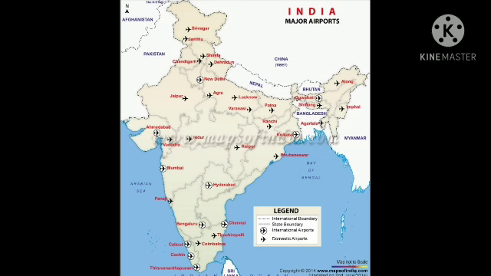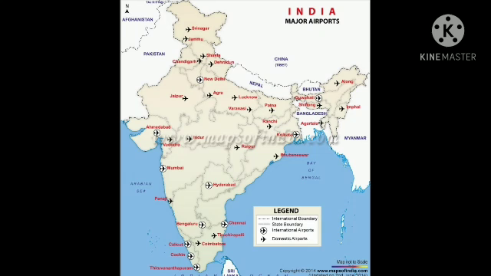There also we are providing the air travel system, and we have major airports like Kochi, Kozhikode, Thiruvananthapuram, Kannur in Kerala. Then we have other metro cities like Delhi, Mumbai, Kolkata, Guwahati, Chennai.